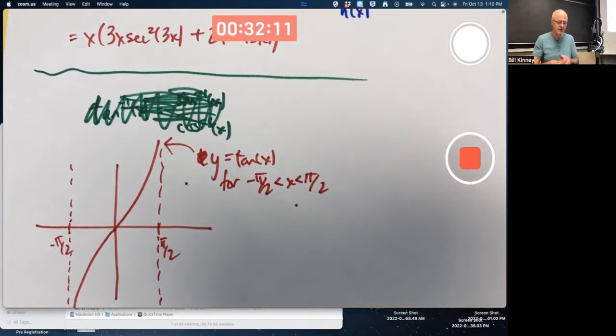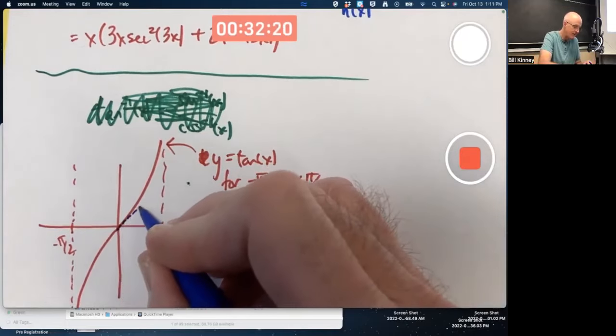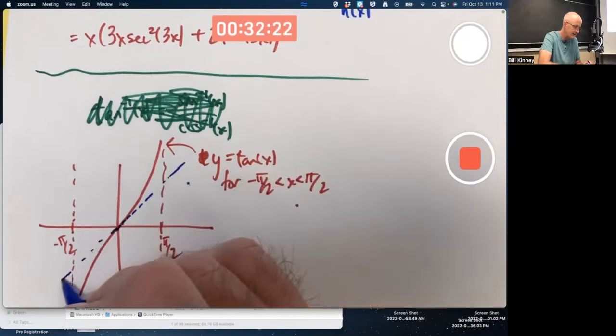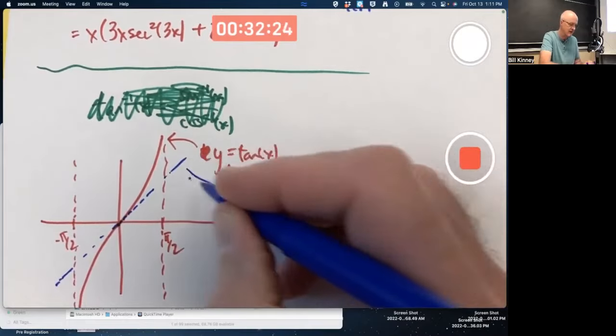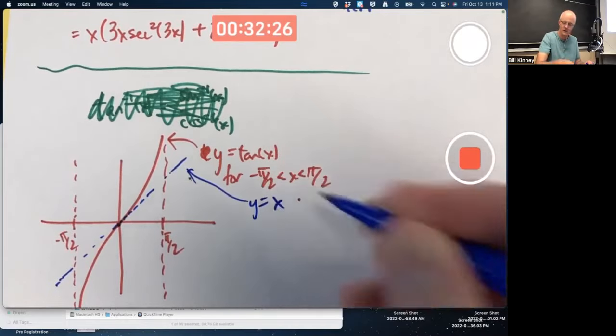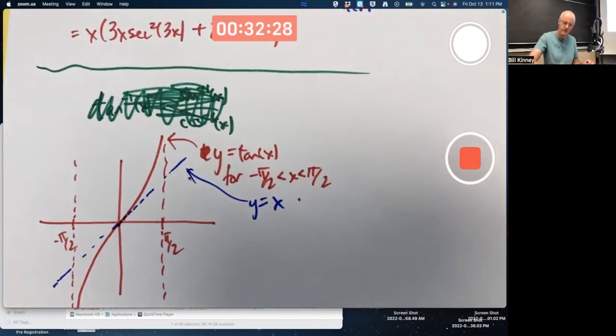What does its inverse function look like if I make the independent variable for inverse tangent x instead of y? I got to reflect it across the line y equals x. That's y equals x. And what will it look like when I do so? Where'd my green pen go? There it is. Okay.